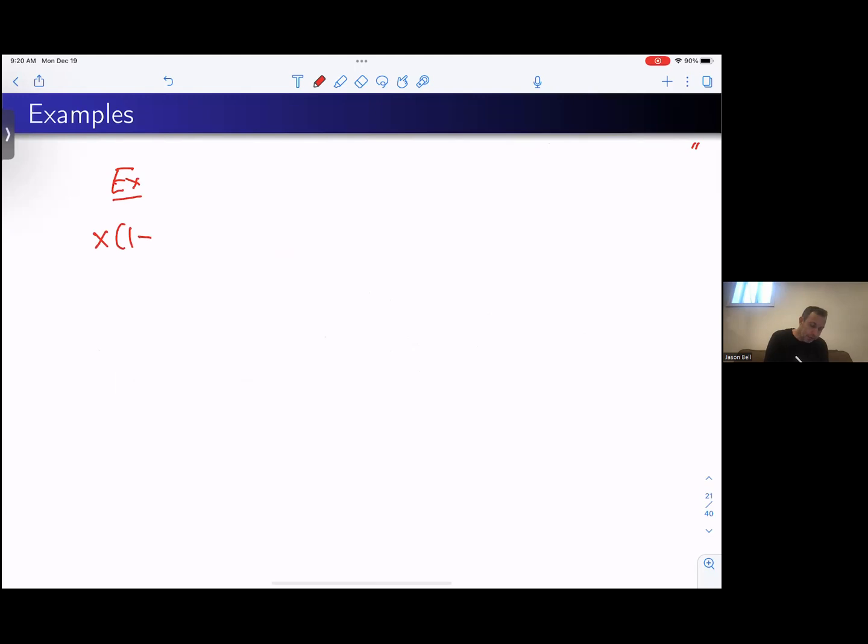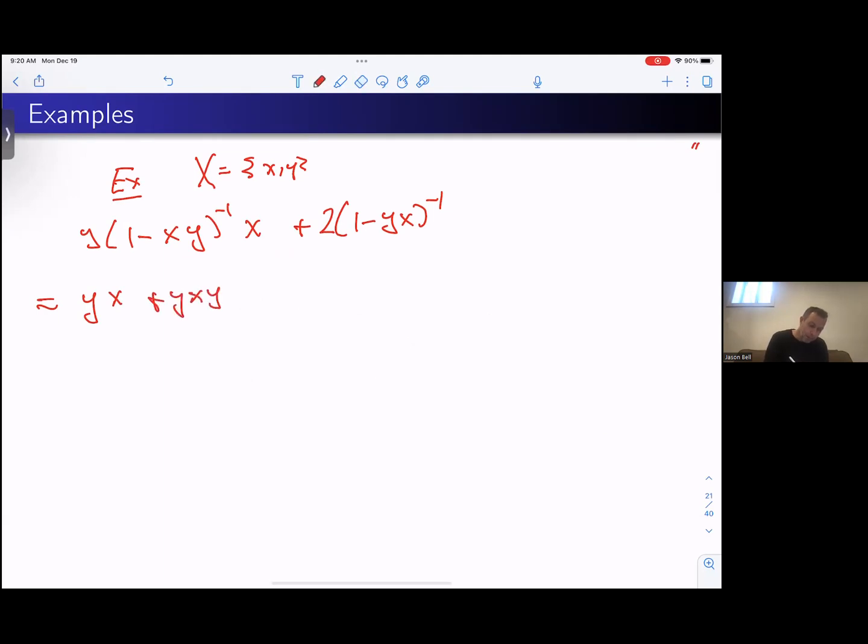So again, we could do this example where our alphabet is XY. Let me do this. So on the surface, this doesn't look unambiguous. It looks ambiguous, I guess, because this is 2 plus 2yx plus 2yx, yx.